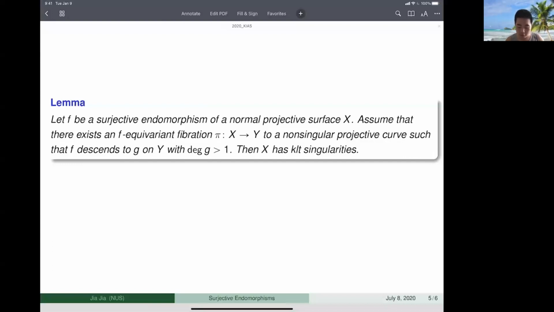in that case, we can show this point x. I'll write it. x is an LC center, then this point is F inverse invariant.